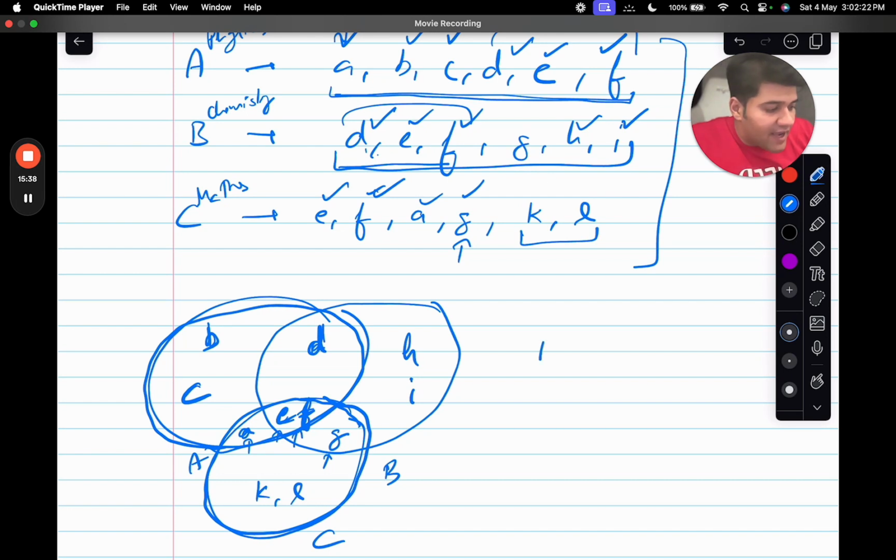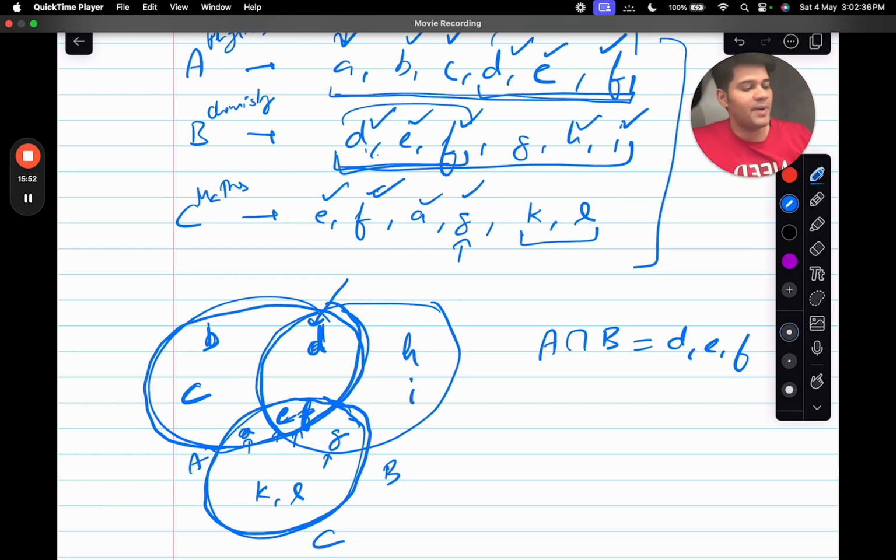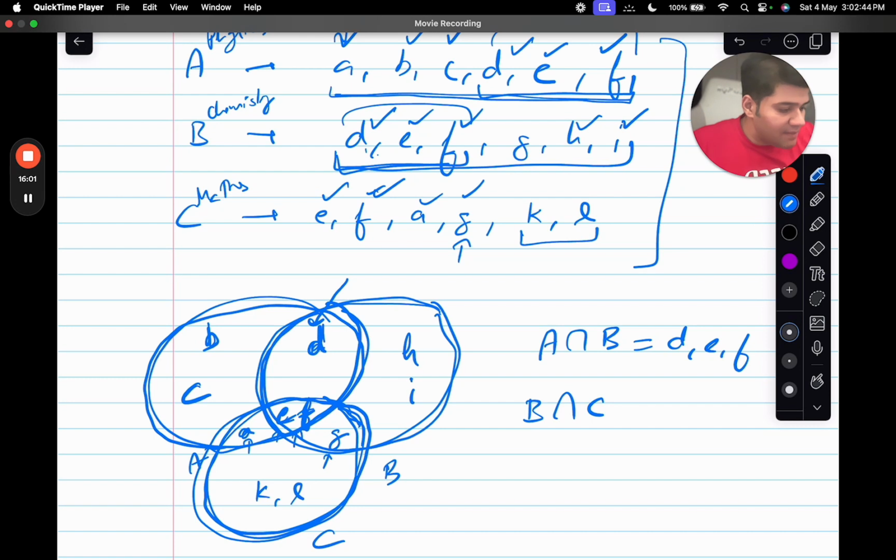Help me identify A intersection B, which is this part. And I think the people in this part are DEF. So it is clear from the diagram, and it is clear from up also. A set has A, B, C, D, E, F. B set has D, E, F, G, H, I. So DEF is the common part, so I would put that there. Now B intersection C. This set is B and the lower set is C. So I think the common elements in B and C are in this area here, which is EFG.